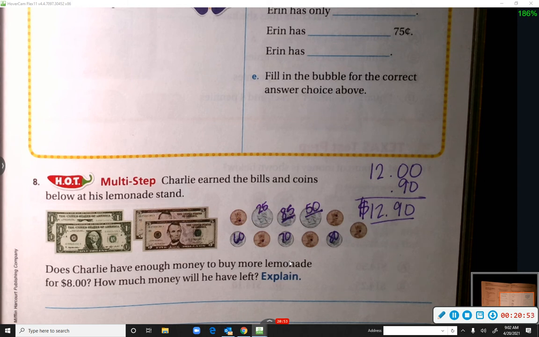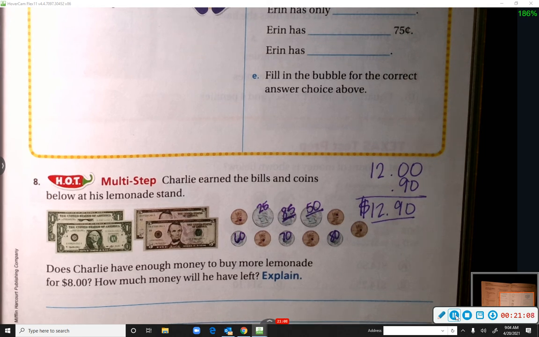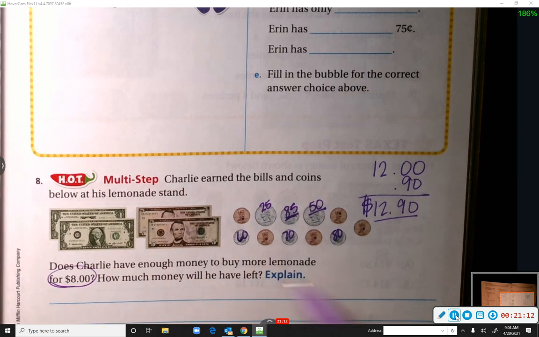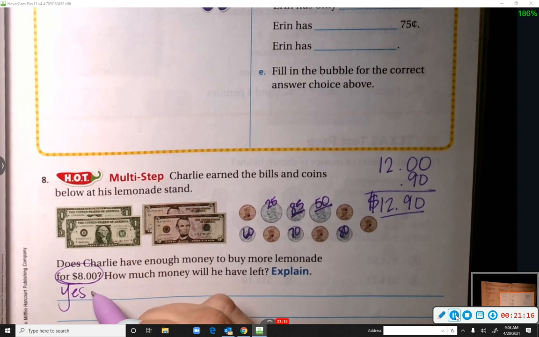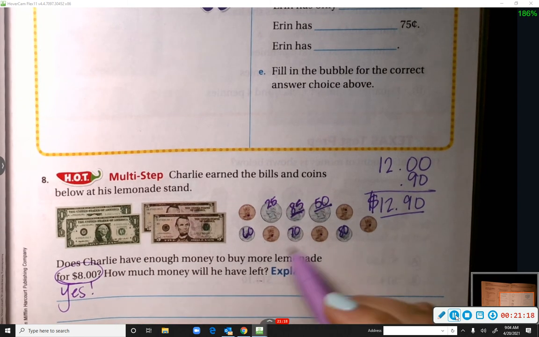So how are we getting 65 and 75? What did we do wrong? Did we leave out coins, or did we say that they were the wrong amount? Allie, what do you think? I just counted it. Okay, so does Charlie have enough money to buy more lemonade for $8? And we say what? Yes. Yes, he's got $12.90, which is enough. How much money will he have left?